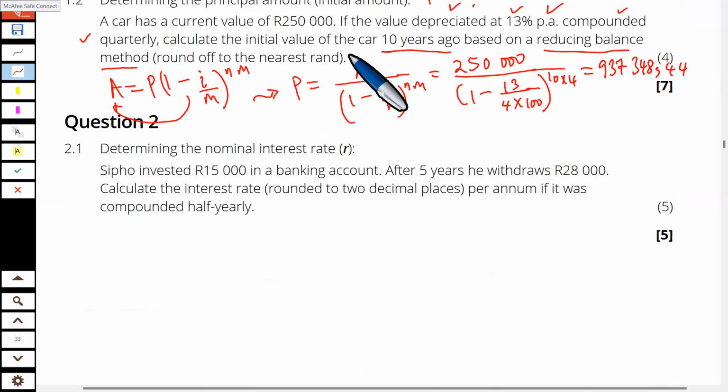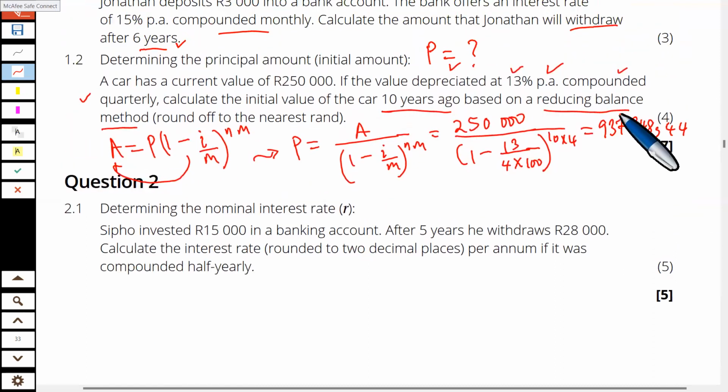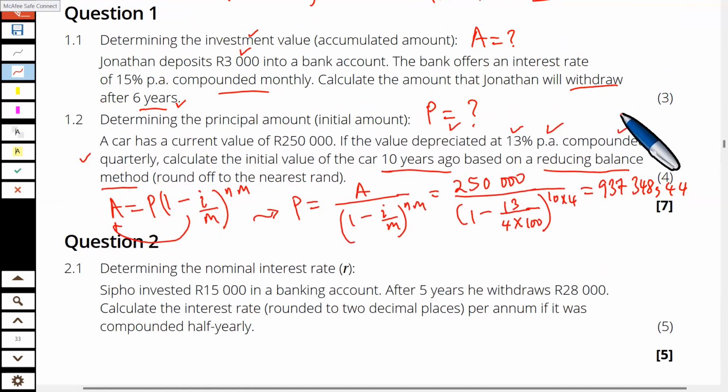Okay, let me see, what are you thinking? Use the same method, but the answer is different. Why is the answer different? What makes you think that? If you put this on your calculator, does it give you 937?